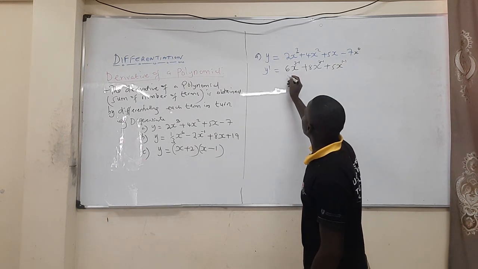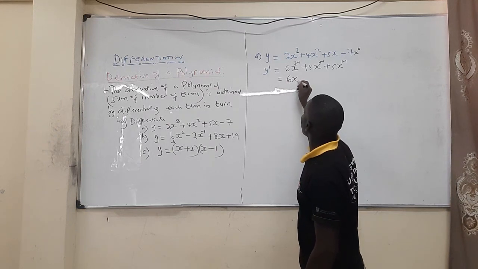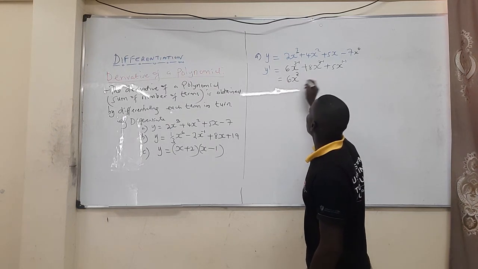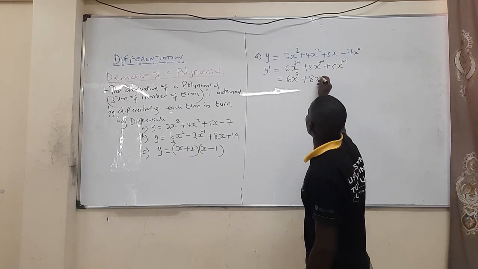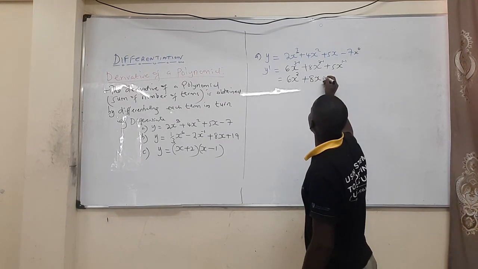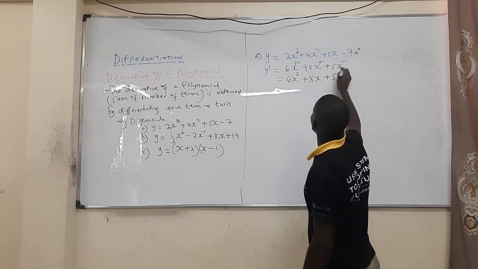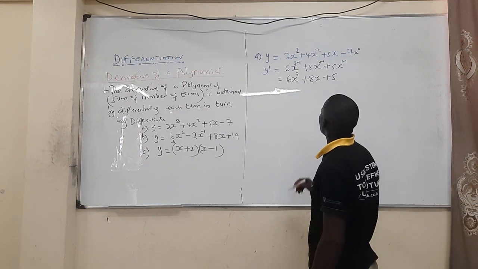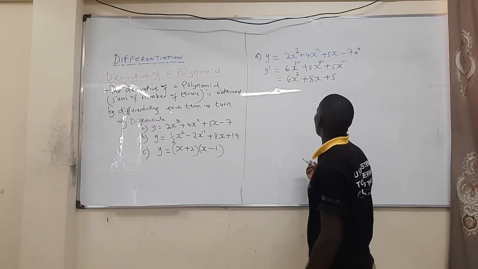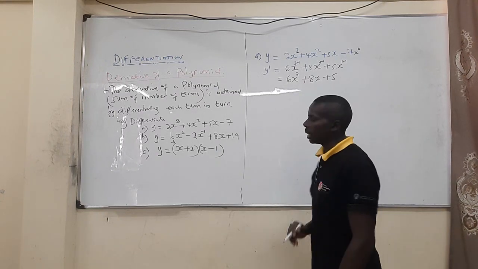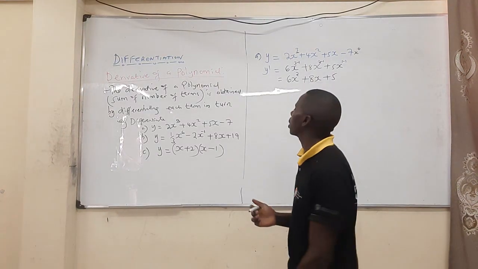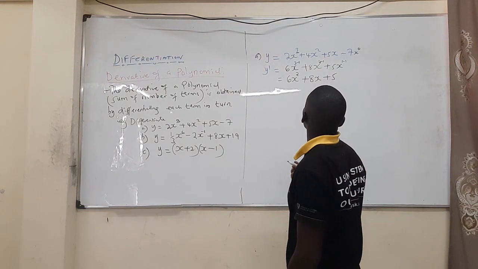So this is going to be 6x power 2, then we add 8x power 1, then we have plus 5. X power 1 minus 1 is 0, and of course x power 0 is 1, so it's just going to remain as that. So that's how we can differentiate that.